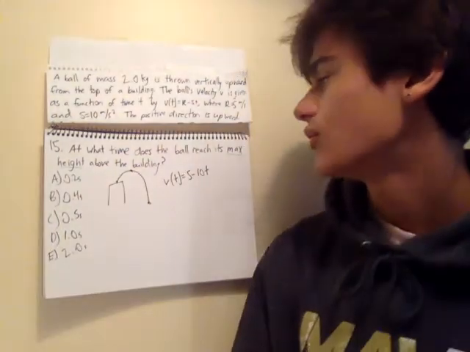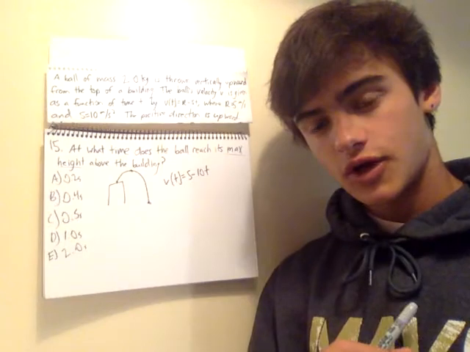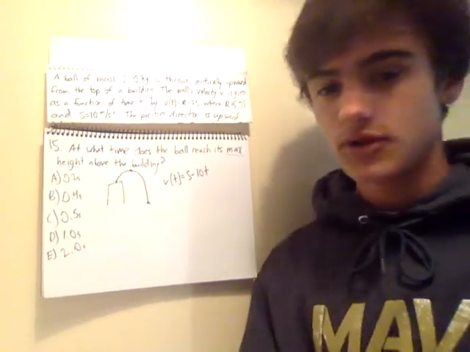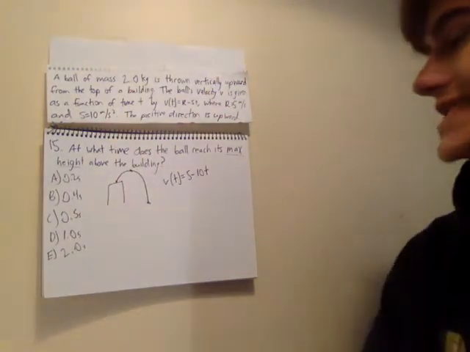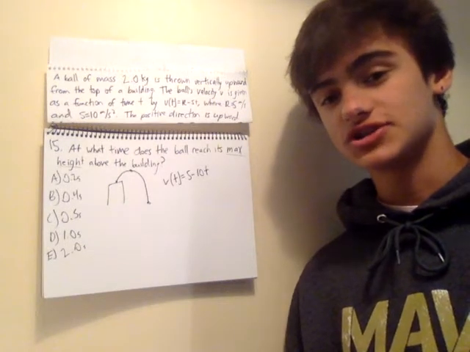We know that when the ball reaches its maximum height, throughout this, obviously the ball is decelerating, as we found in the last problem, by the rate of gravity. So at its highest point, it actually does not have vertical velocity. Its velocity is 0.